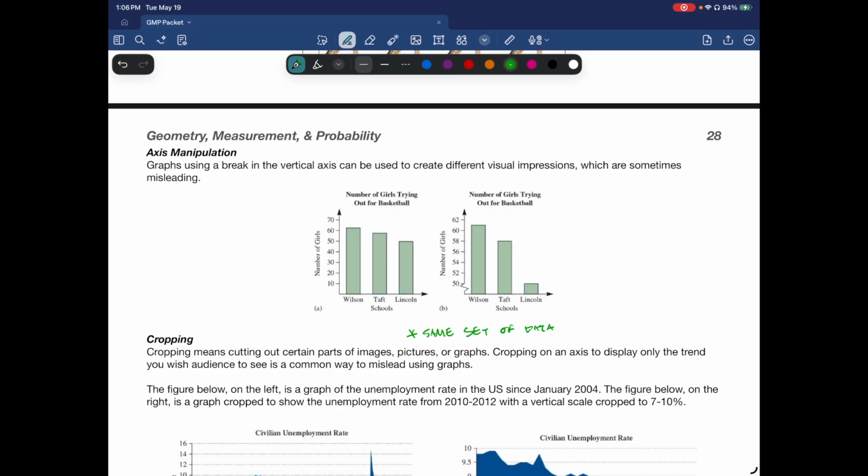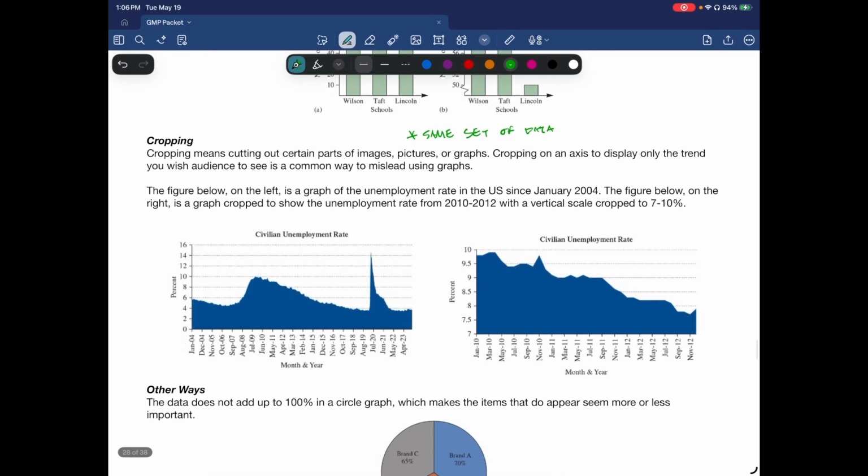But look how they did it. On the first one, it goes up by 10, starting at 0. But on the second one, they start at 50, and it shows a drastic decline. So it's actually like this right here. It's showing you that top of the line. And so be careful. Check your axes and see how they're doing things.